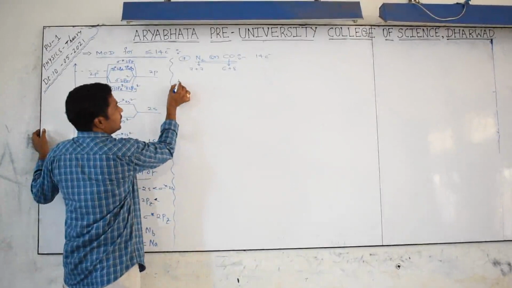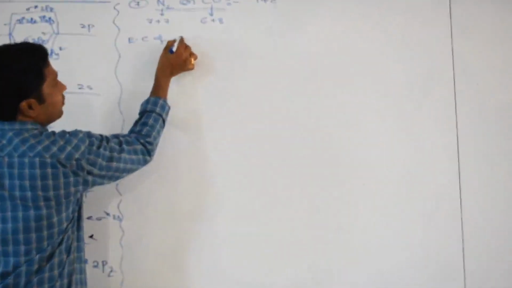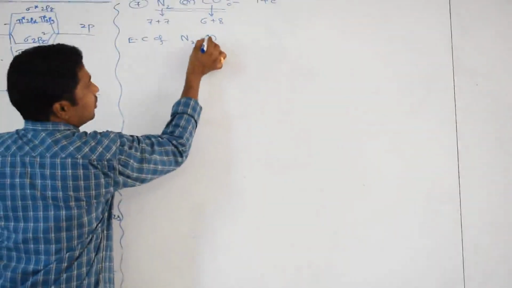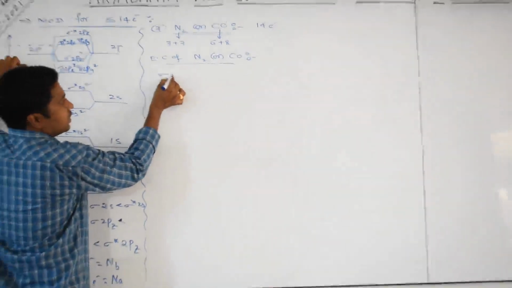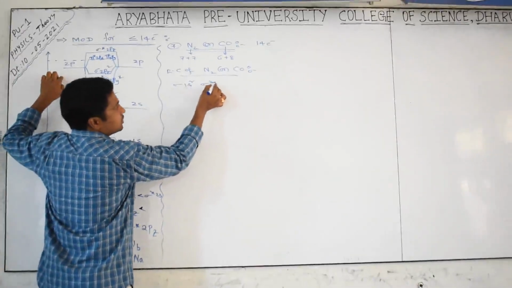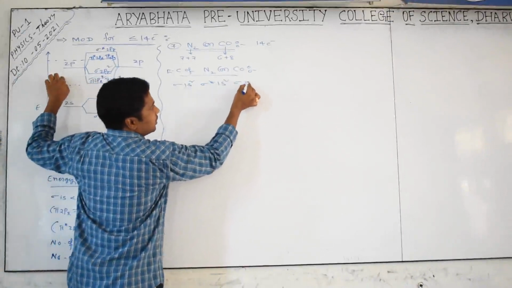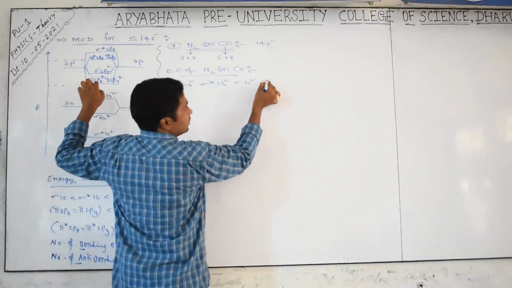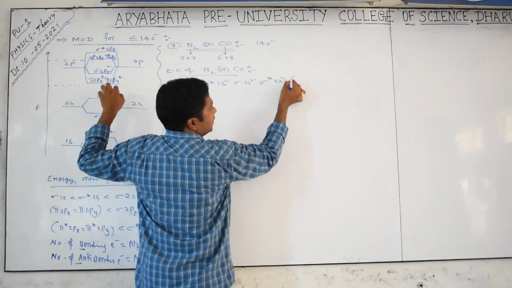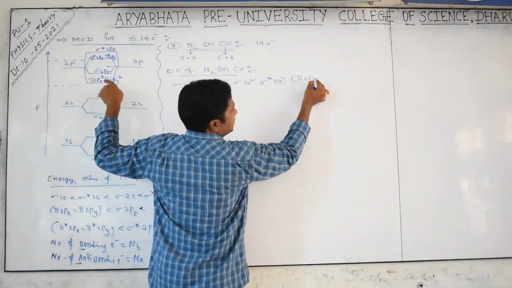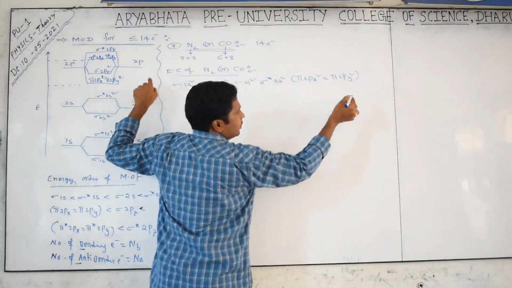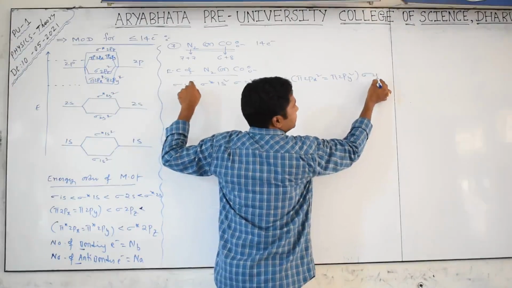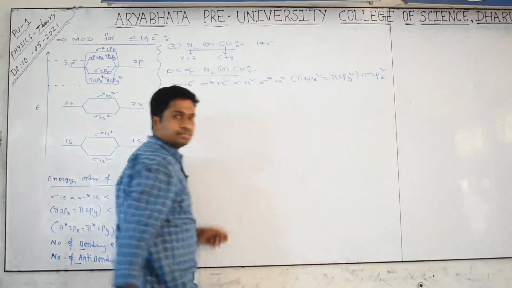Now the electronic configuration of either the N2 molecule or the CO molecule: sigma 1s2, sigma star 1s2, sigma 2s2, sigma star 2s2 and pi 2px2 equals pi 2py2. So the highest energy is held by sigma 2pz2.